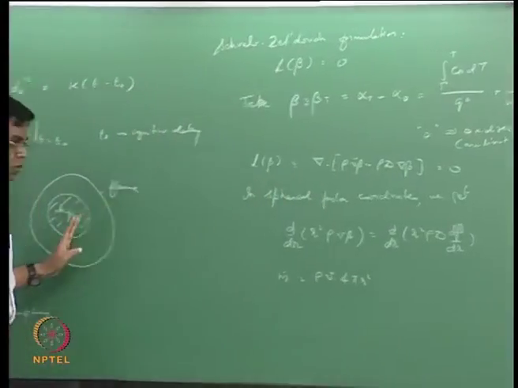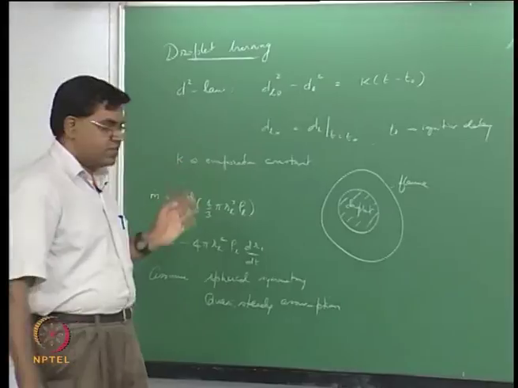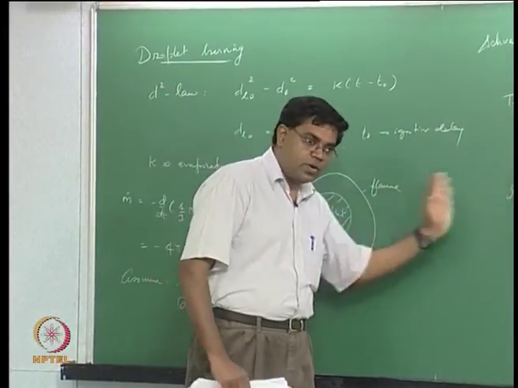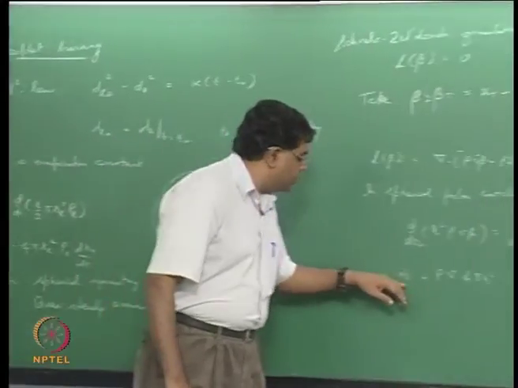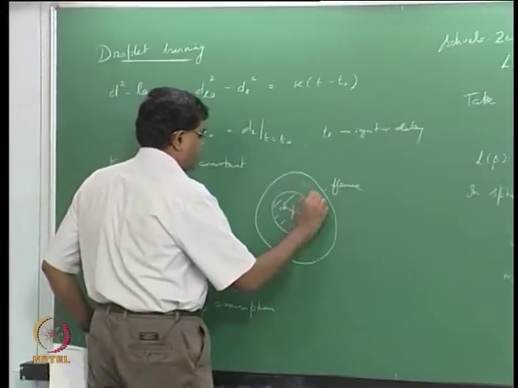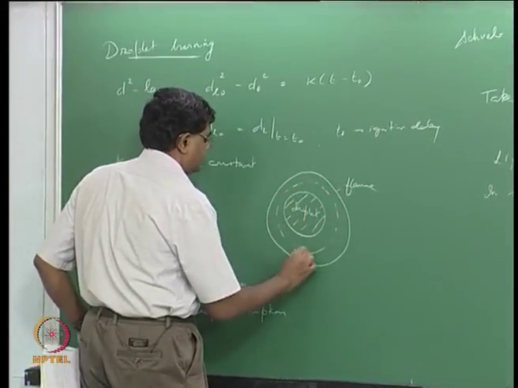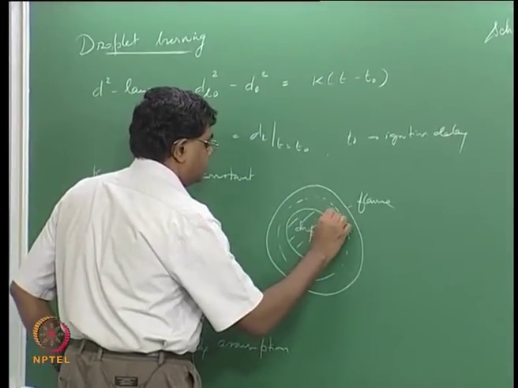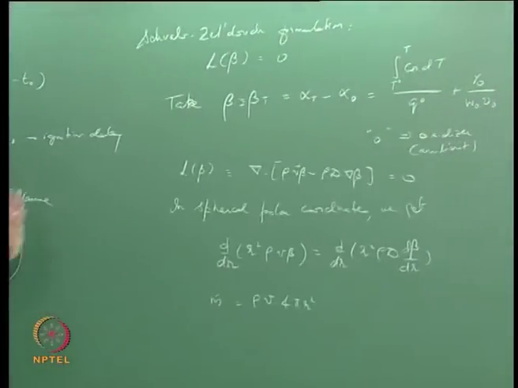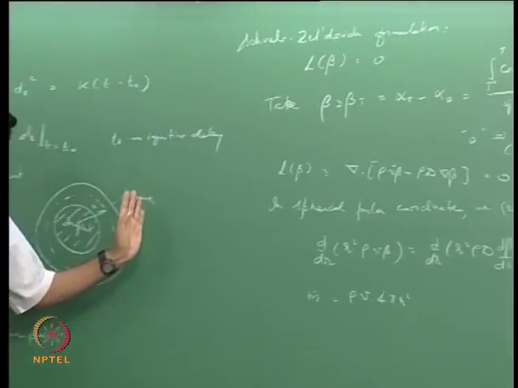The domain is now for the gas, and so it starts from r equals RL to r equals infinity. m dot is for any radius, and that has to be a constant in steady state.